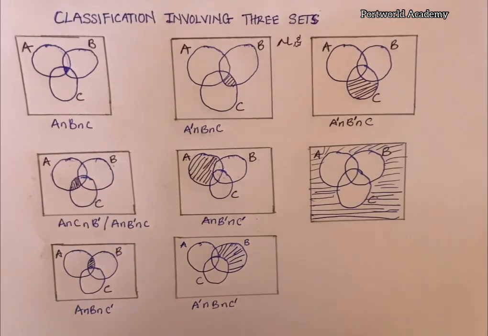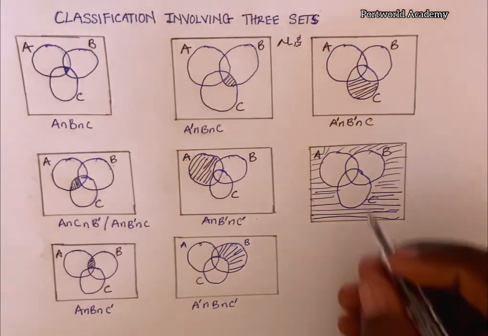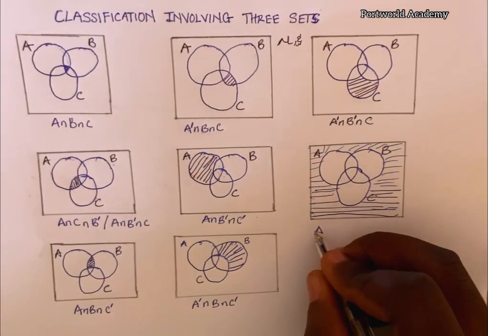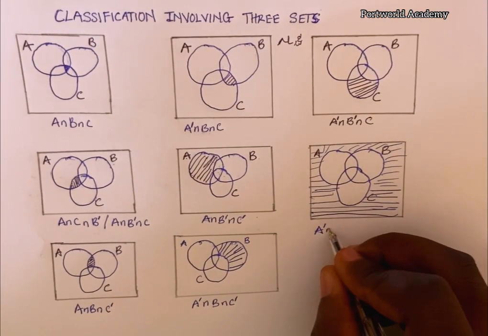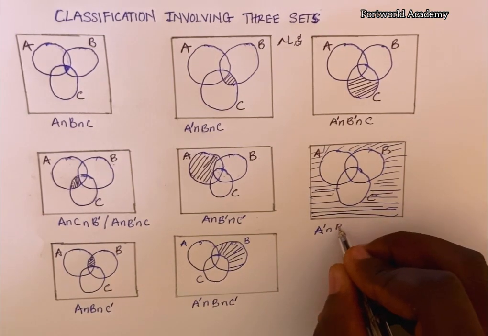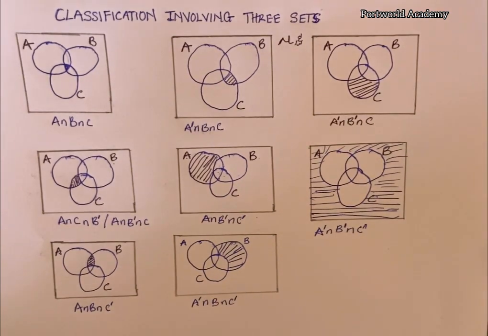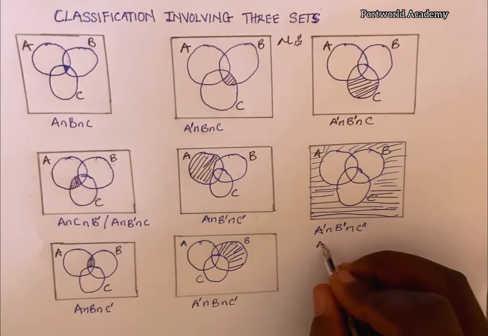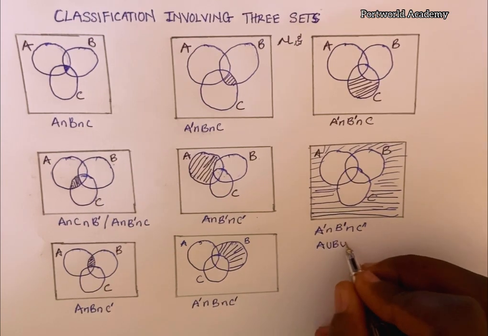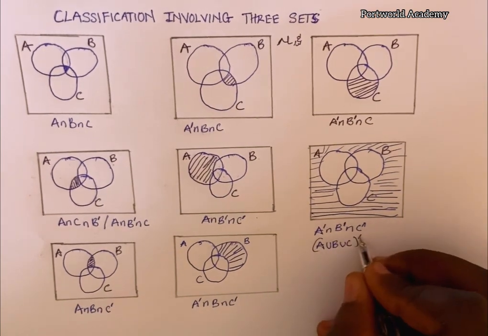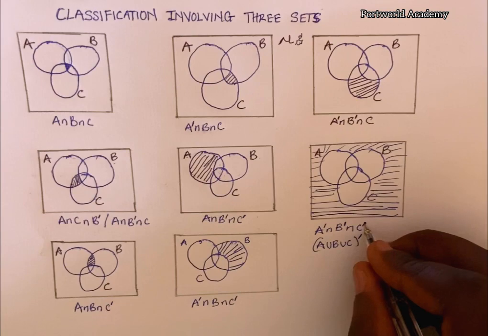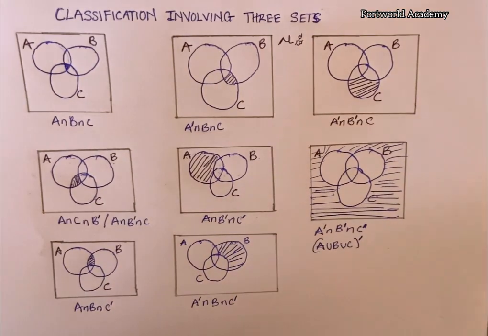Or you say the union of set A, set B, and set C complement. So here I'm going to have A complement intersection B complement intersection C complement. I can have it like this, or I simply say A union B union C complement, or you call this prime, or you simply say complement.